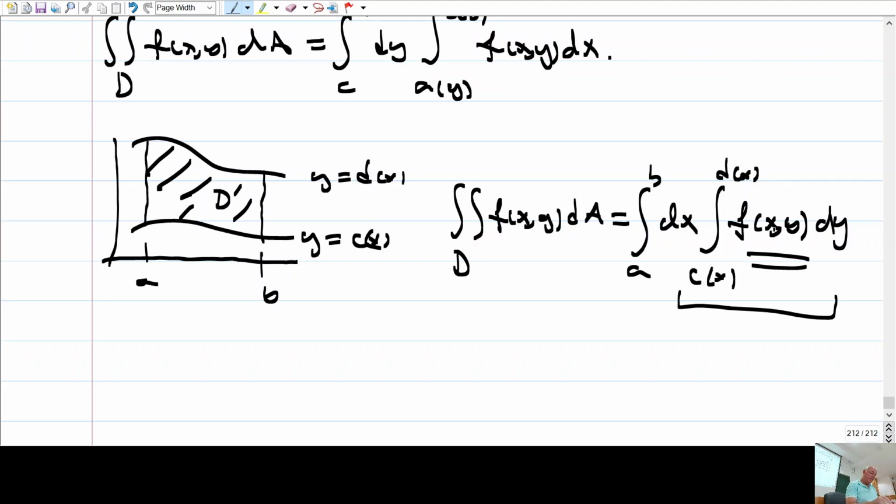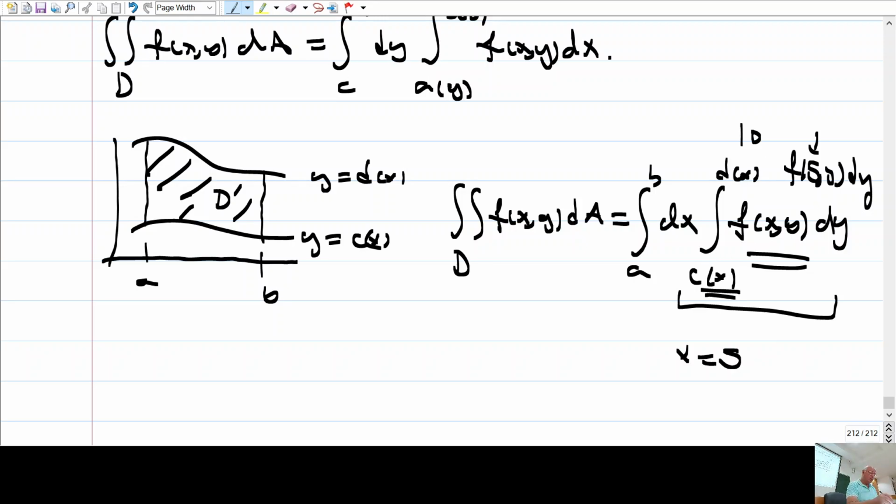You see, when x is fixed, c(x) is a number, right? x is like 5. So this is a number. This is another number. So integral from, let's say, 5 to 10 of f(5,y) with respect to y. You see, here when you plug 5 for x, x disappears. You have only y left. Single variable function, and you can integrate this.